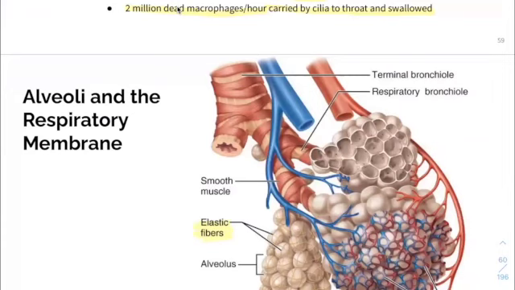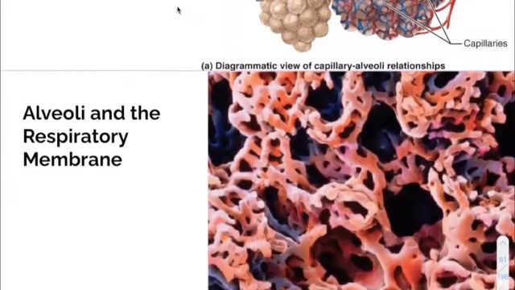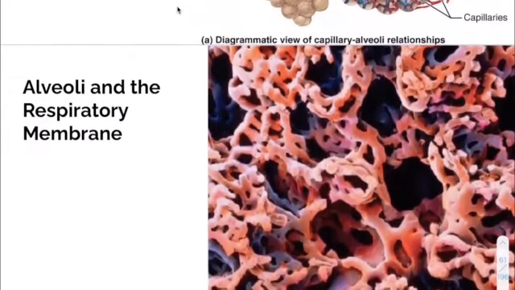You also see the smooth muscle in here, helping to move air, keeping air pressure stable. Here's an electron micrograph. You can only really see the capillaries well. You don't really see the alveoli, but you see just how numerous, how there's so many capillaries that are feeding to these alveoli to exchange out blood. So there's a lot going on in there.